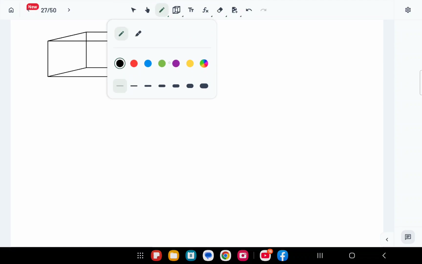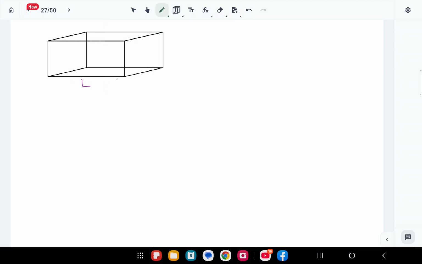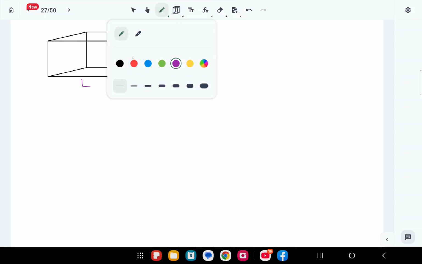A cuboid can be made up of all rectangles, and it could also be made up of squares and rectangles, but all 6 faces are not the same.